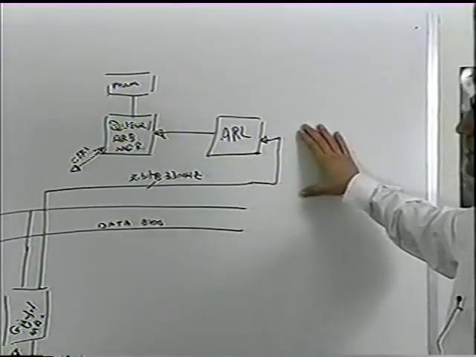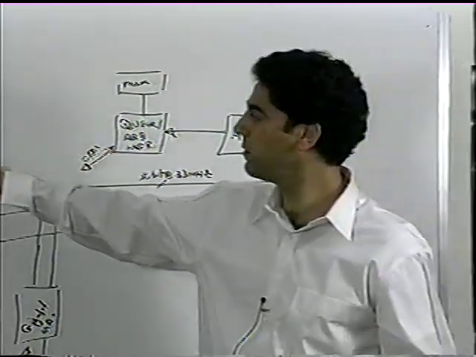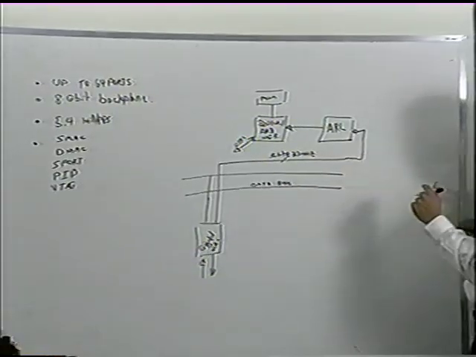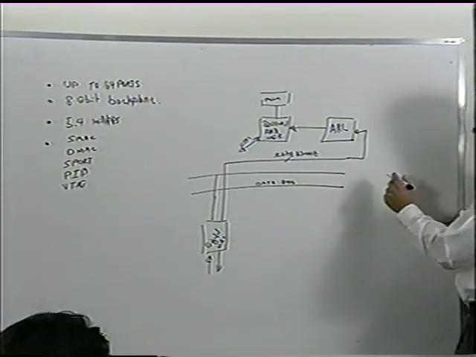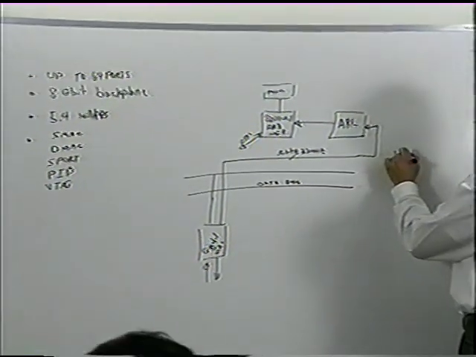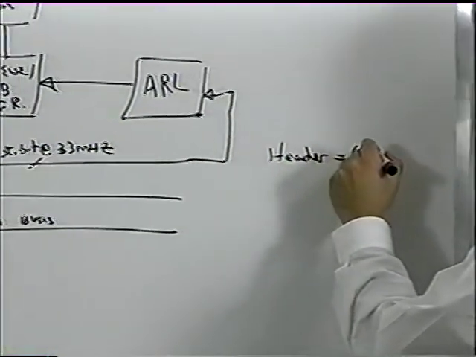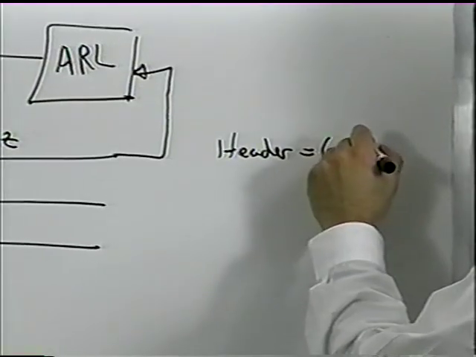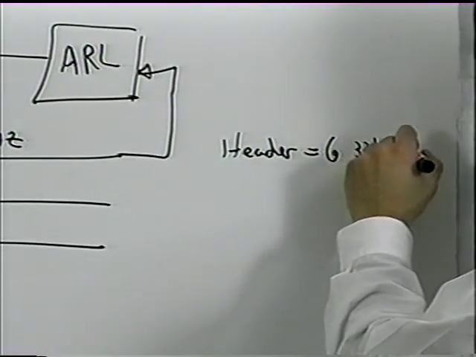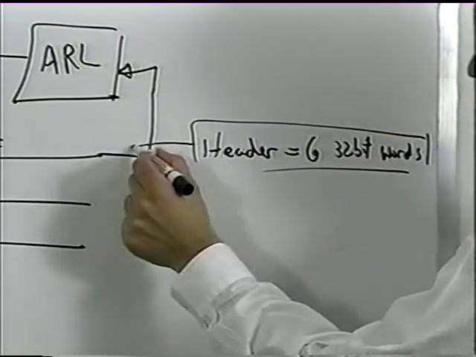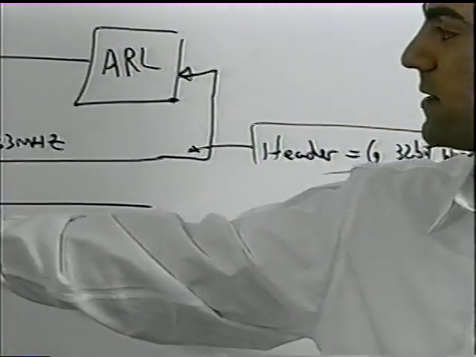And in order to sustain the packet rate that we talk about, you can easily calculate that every header is equal to six 32-bit words. And that gets passed on this bus. Now this is a single direction bus.